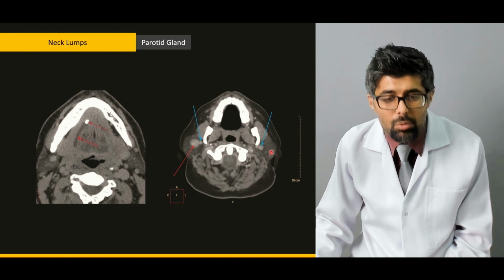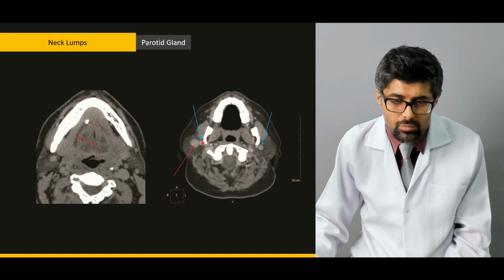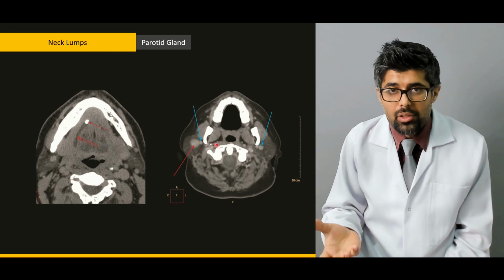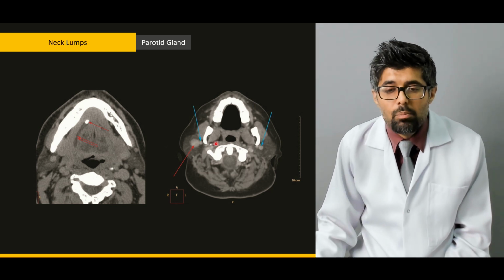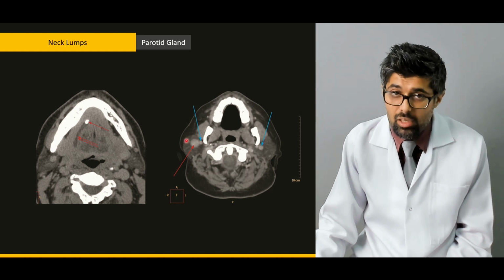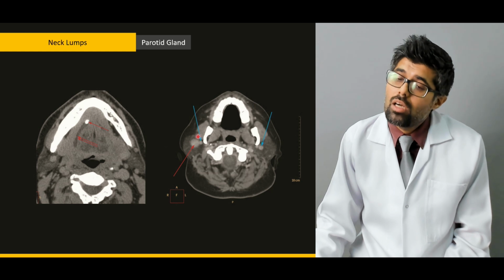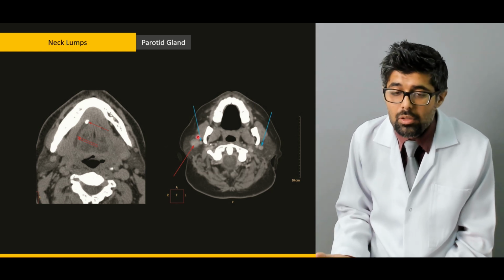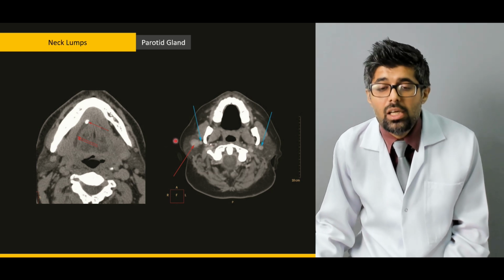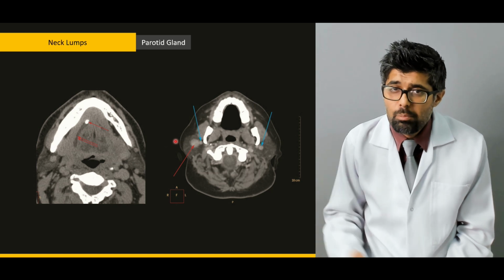Here is the normal parotid gland, and this one here is an inflamed parotid gland. How can we tell? Because the tissue density is the same. Though it is enlarged, the tissue density is the same. The margins are not irregular, so we can safely say that this parotid swelling is pleomorphic adenoma of the parotid gland.